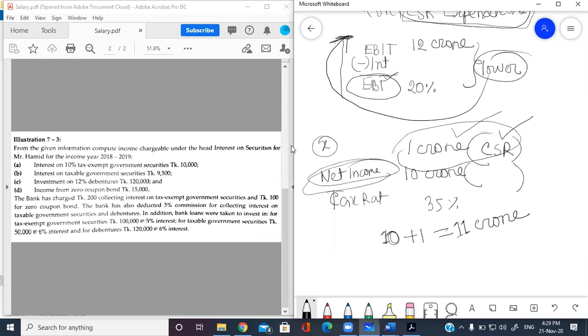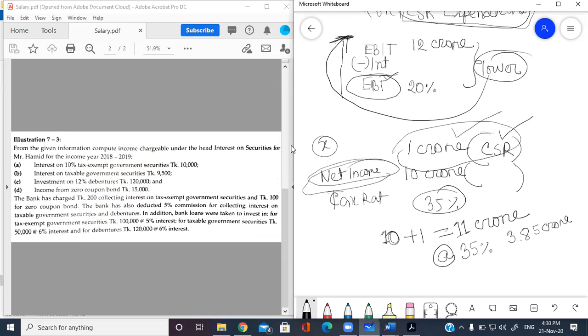Okay. Now, if you calculate the tax liability by 35%, how much will be the tax liability on 11 crore? It will be 3.85 crore.